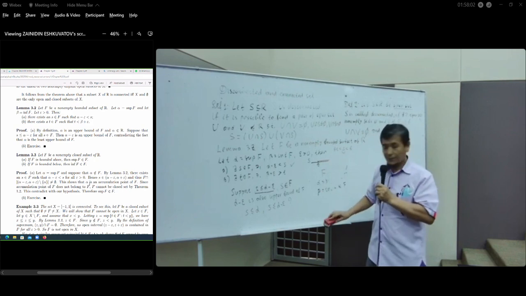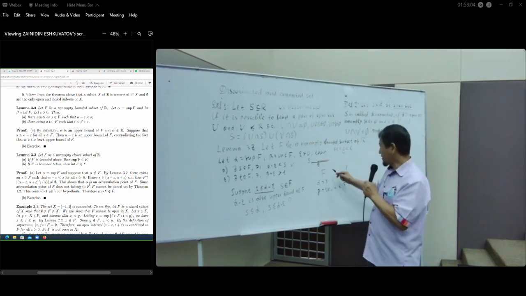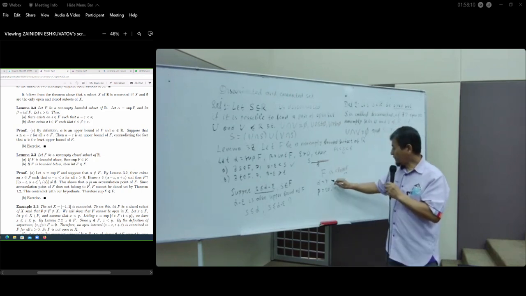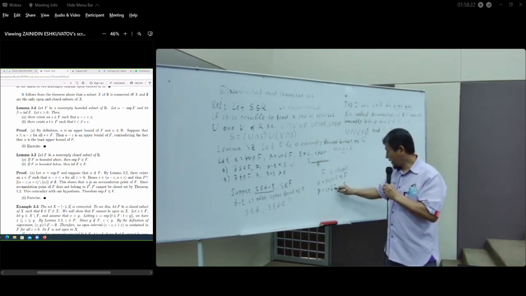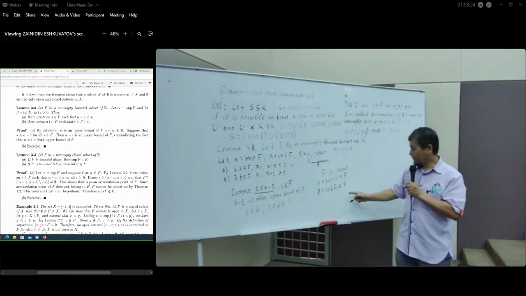F is closed, so alpha, the supremum of F, is an element of F. Beta, the infimum of F, is also an element of F.